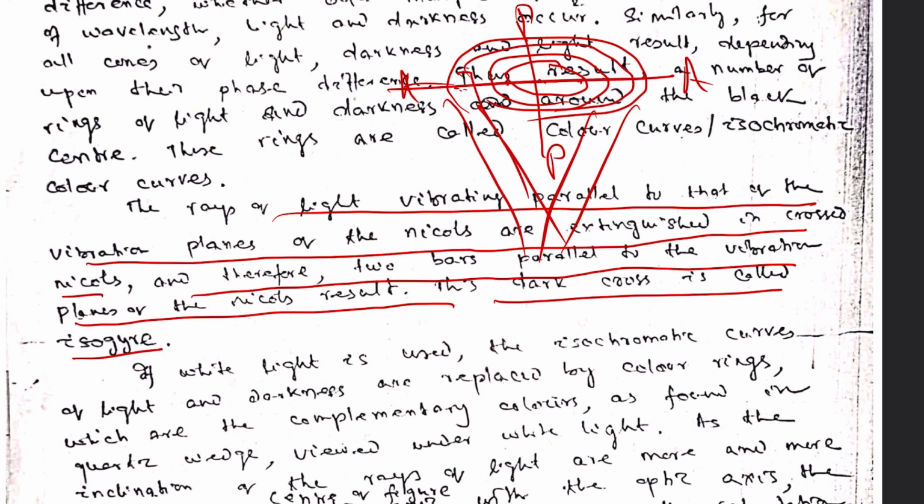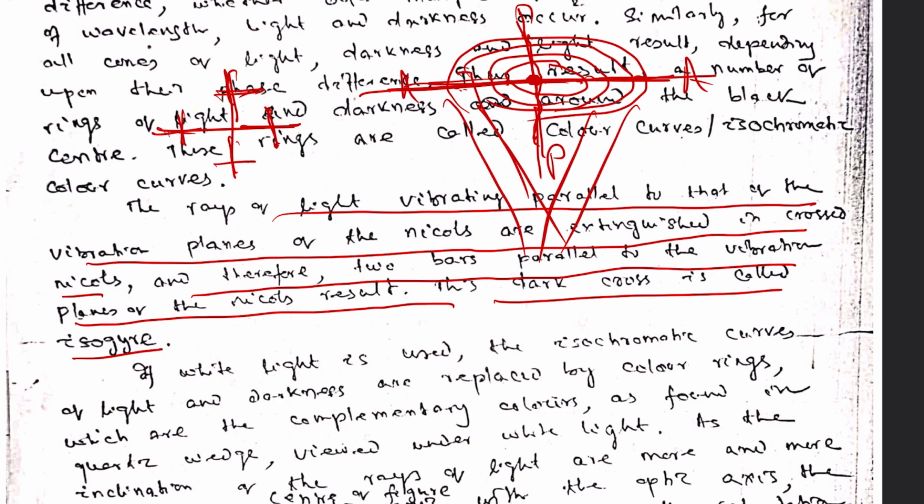When we move from the center, the center is dark, indicating the position of the melatope. When we move parallel to the polar directions, we see that the light emerging at all these points along this line shows vibrations parallel to the crosswires, parallel to the polars.